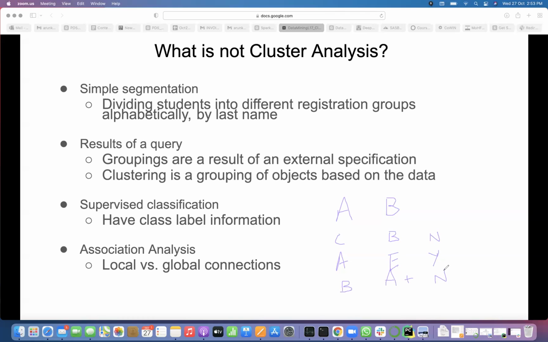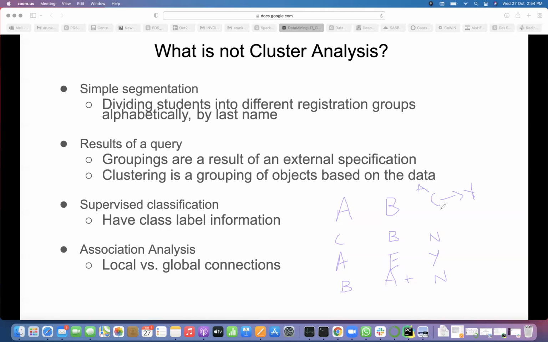So how many association rules can I form here? I can write whether A equal to C implies, this is the A variable value C, whether that implies the class variable N or Y. I'm more interested in whether they can get placement or not.